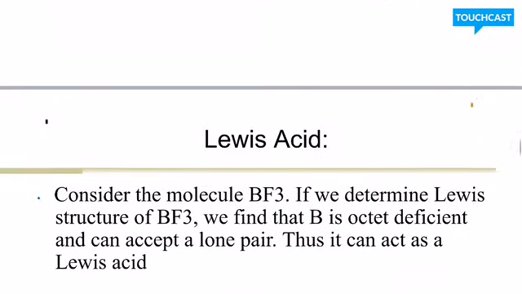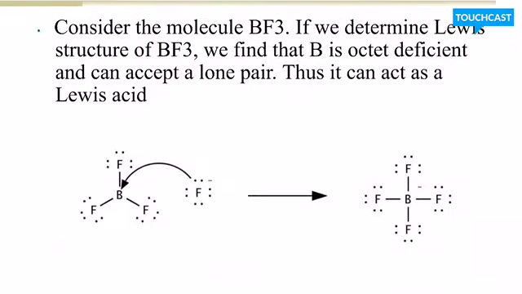So let's just take a look at this example here. This one right here, the BF3, a really peculiar little thing, can act as a Lewis acid. Sometimes it's helpful to look at the Lewis dot structure, and if you've never seen a Lewis dot structure before, it just basically describes the number of valence electrons that are on the outside.